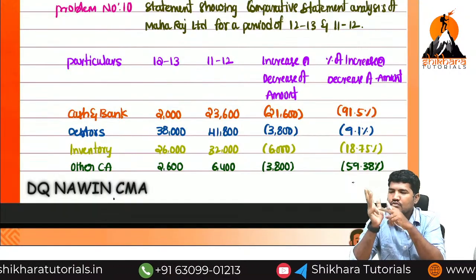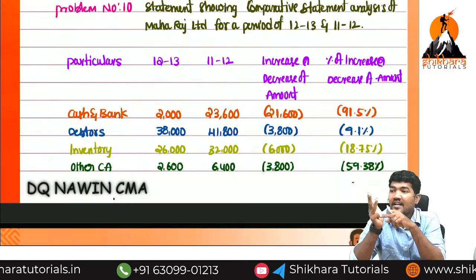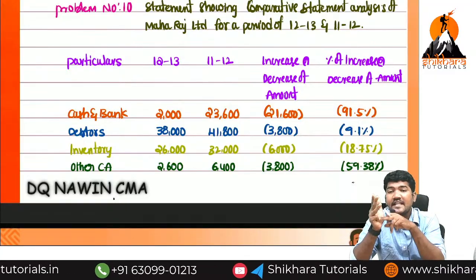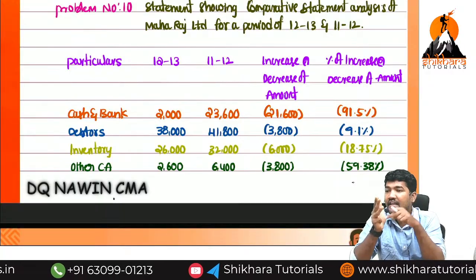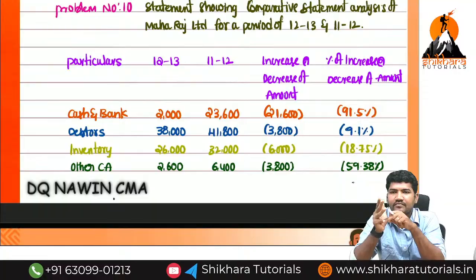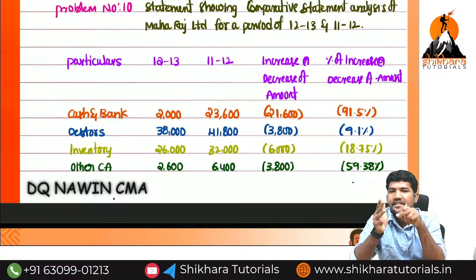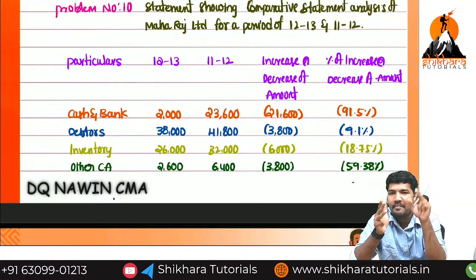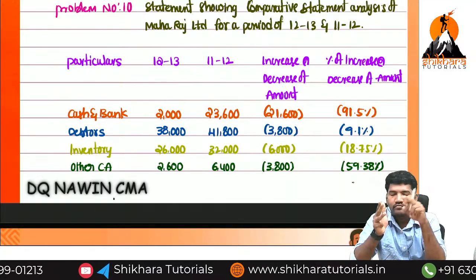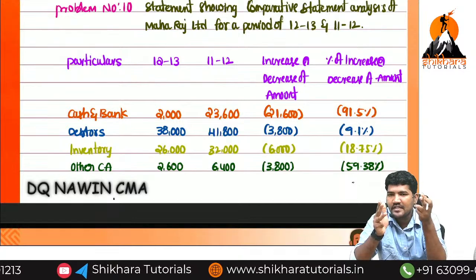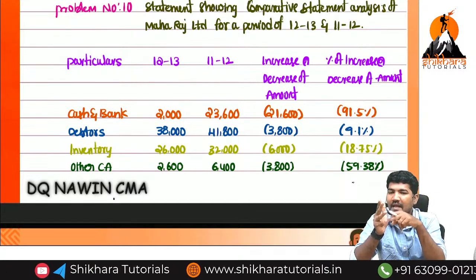Very clear? Students will confuse trend analysis and common size statement. In common size statement, we are using a base. Here we are using a base year. Understand the difference? Base means, from the income statement point of view, total sales or net sales is the base. Common size point of view, balance sheet common size statement preparation, assets or liabilities are the base.